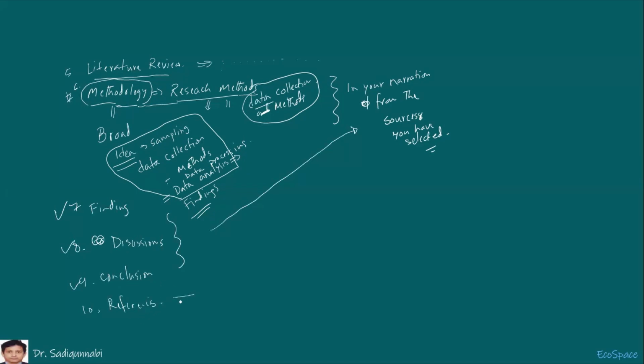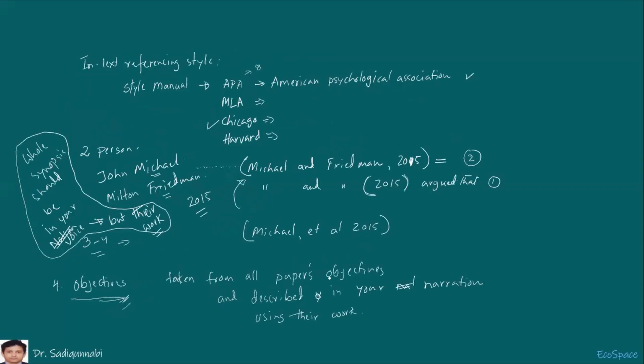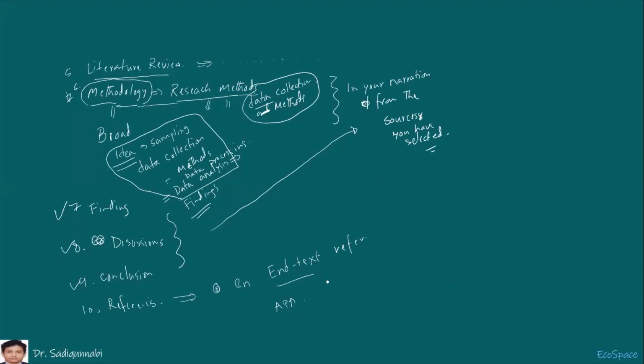What about referencing? This reference is called end text referencing, and in text referencing. And what is the style? Suppose I am using APA. Style is, suppose our previous example, John Michael.